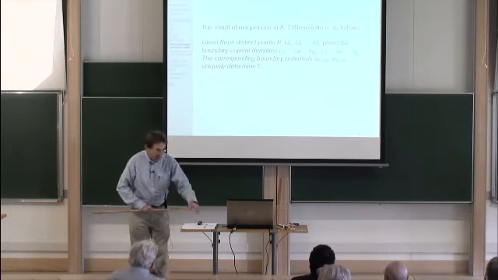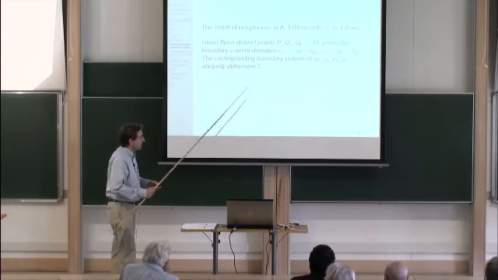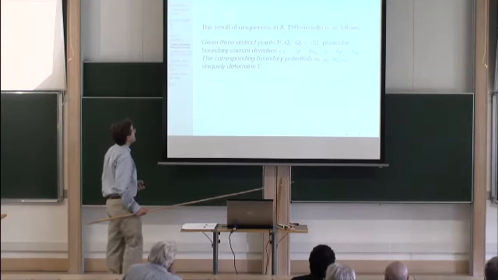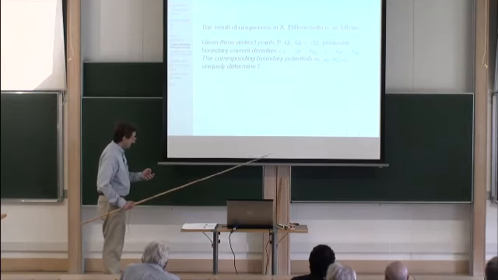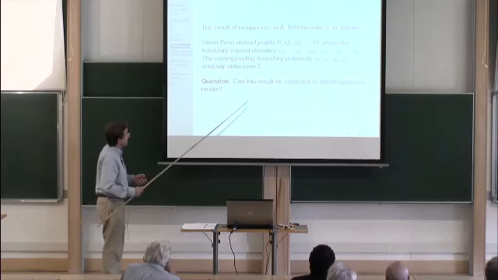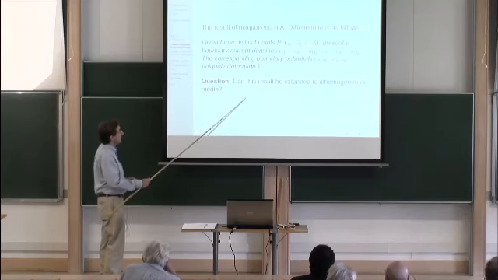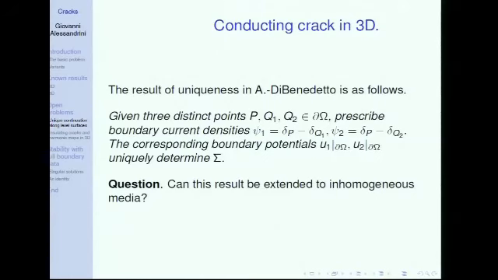Of course, I will not review all the steps of the proof of this result, but the question is this one: can I extend this result to the case of inhomogeneous media?